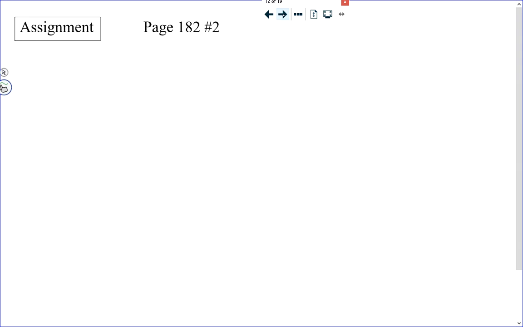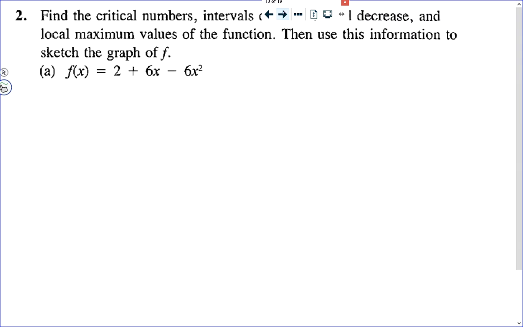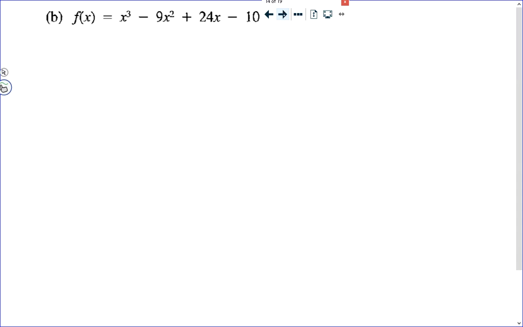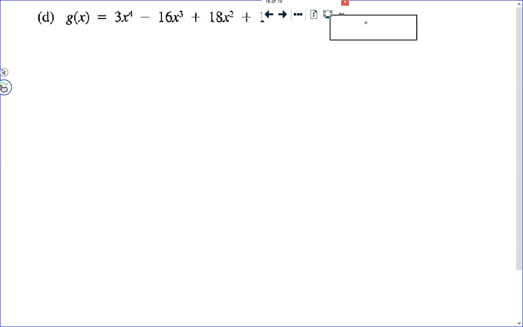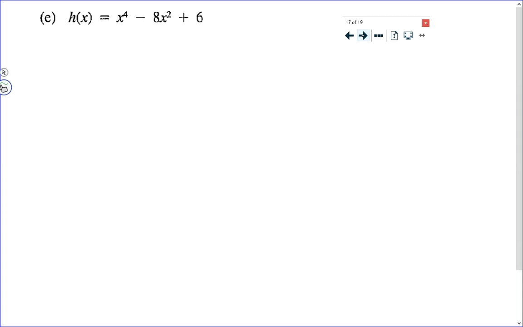On page 182, there's a number of questions in number 2 that you're going to do. Basically, everybody, they are all polynomial functions. So even though I talked about critical values where the derivative does not exist, you are not going to encounter any of those today.